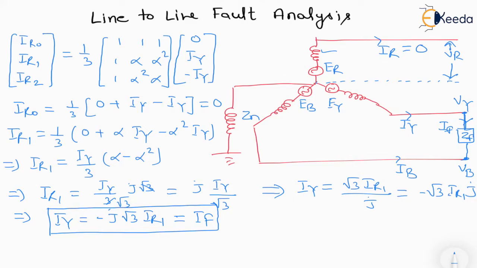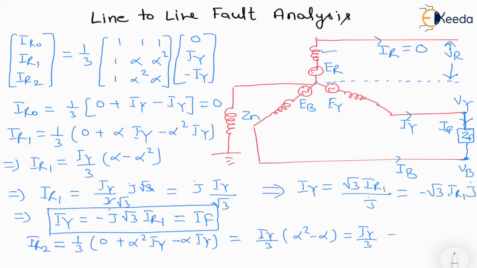Now I am going to find out the value of IR2. The value of IR2 we can write as 1 by 3 into 0 plus alpha square into IY minus alpha into IY. So we can write this as IY by 3 times alpha square minus alpha, and that will be equal to IY by 3 into minus j root 3.